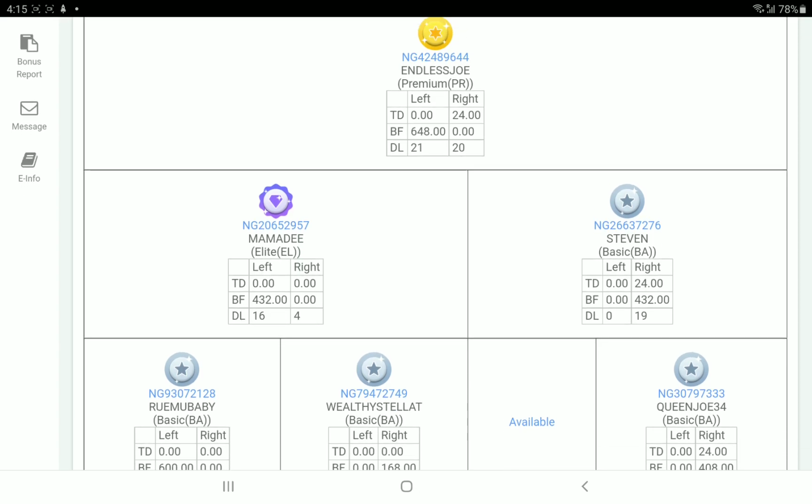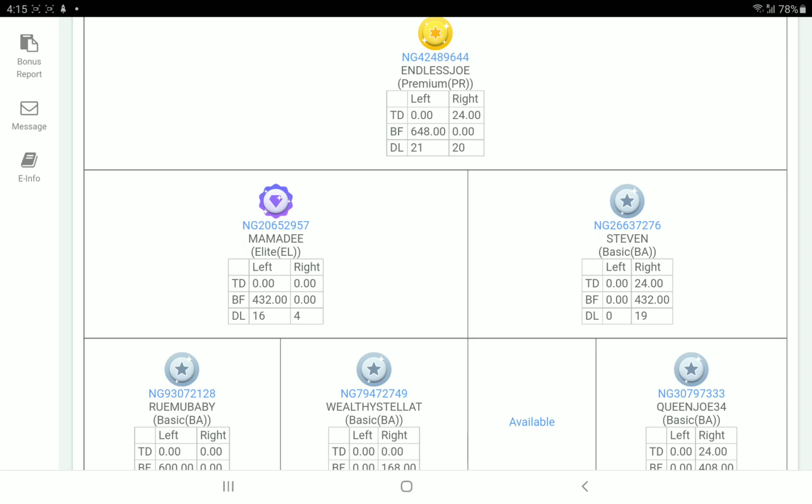The other type of building that most people do by default, because they've not really had a mentor to show them how to build the right way, is this. Let's assume Endless Joe registered, and where that starts happening is when you have more than one account. Now Endless Joe has just one account, but most times some people will have 3 accounts, and when you have 3 accounts, there's a probability that you may not give support to your team.